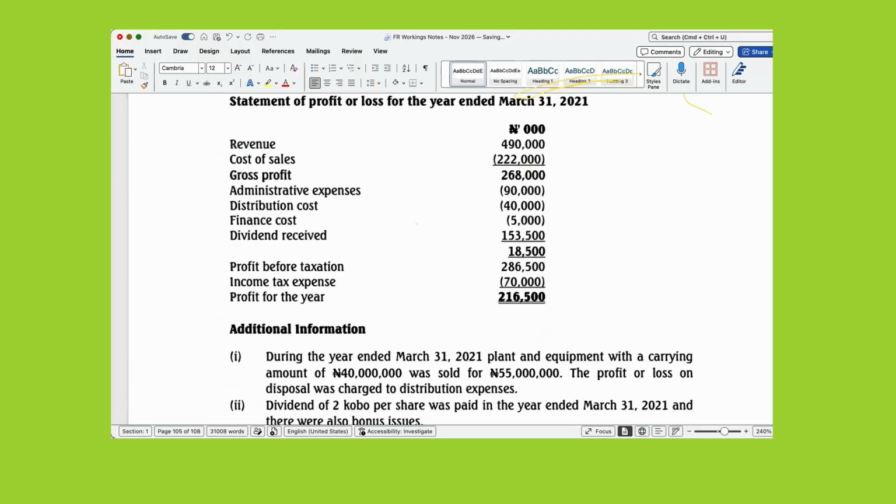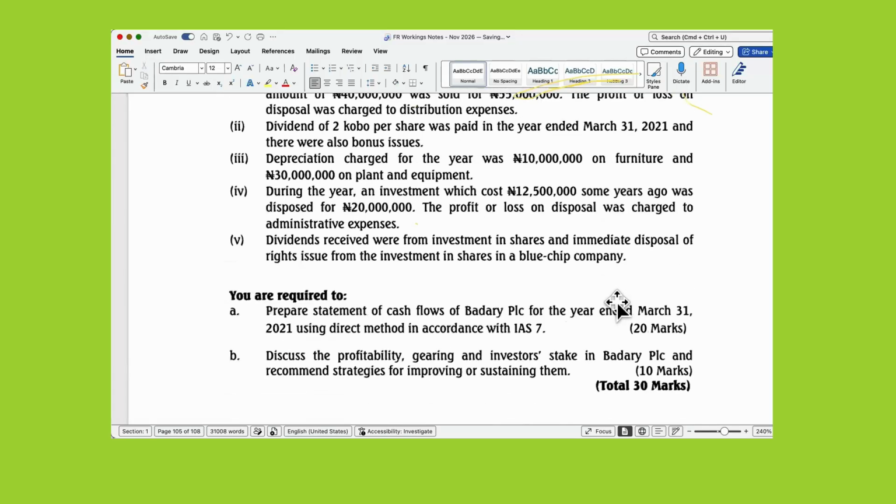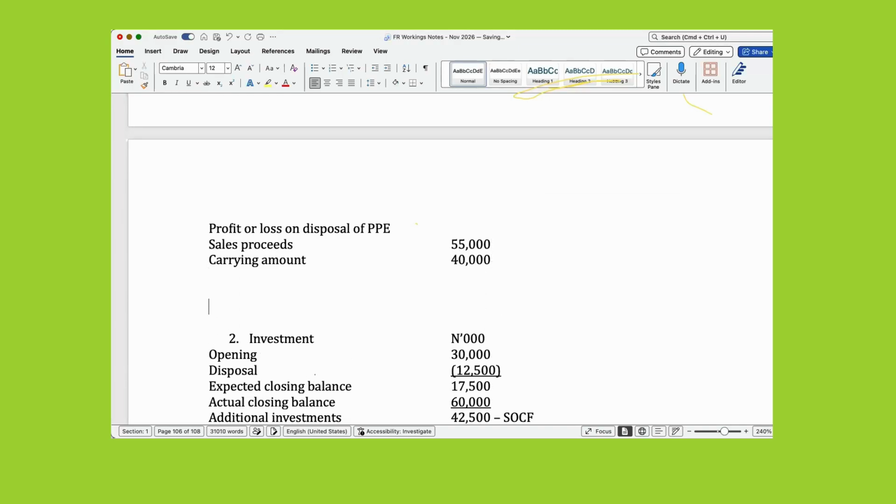Sales proceeds was 55,000 and carrying amount was 40,000. So this is a profit on disposal of how much? 15,000. So are we adding to admin or deducting from admin?